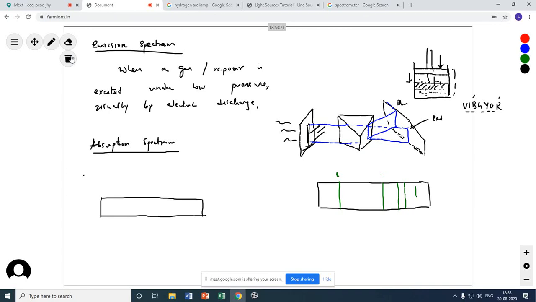That means, within brackets you write, the spacing between spectral lines is non-uniform.